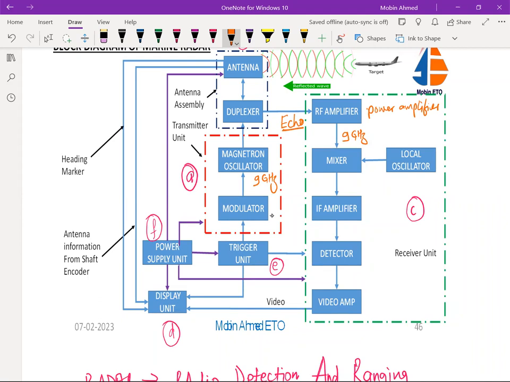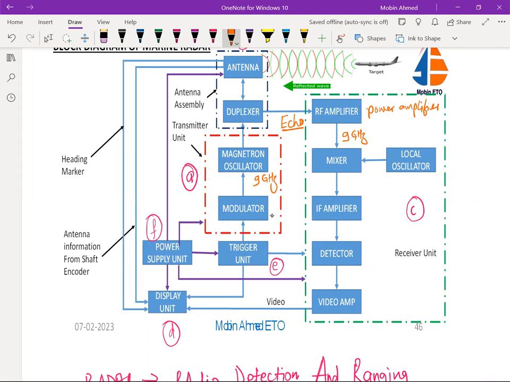We are not taking the Doppler speed into account, so we assume the ship is stationary and the target is stationary. So there is no Doppler effect. In that case, the echo will be 9 gigahertz and is not going to change.